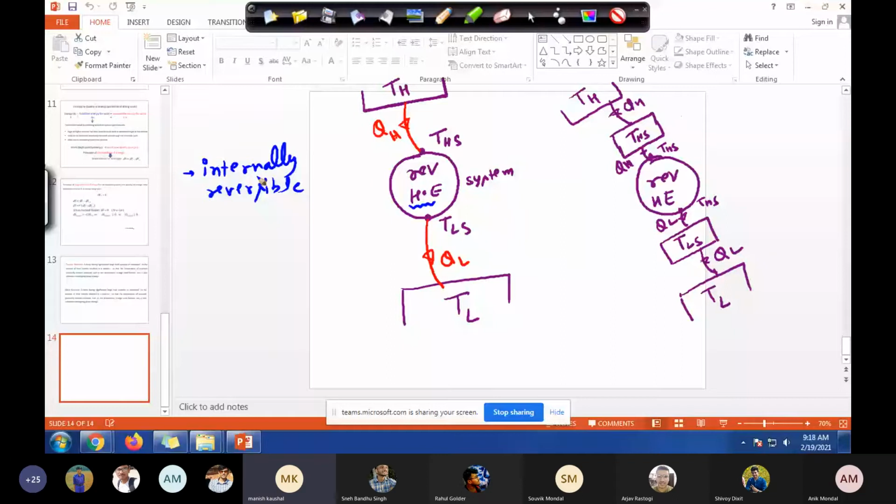Now, if I ask you what is the efficiency of this heat engine, what will you tell me? Remember, TH is greater than THS. There is a finite temperature difference. We can put that TH is greater than THS is greater than TLS.